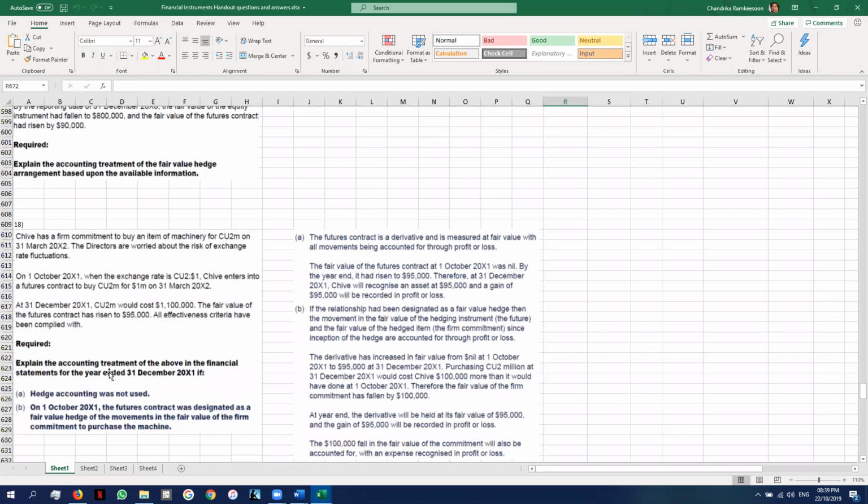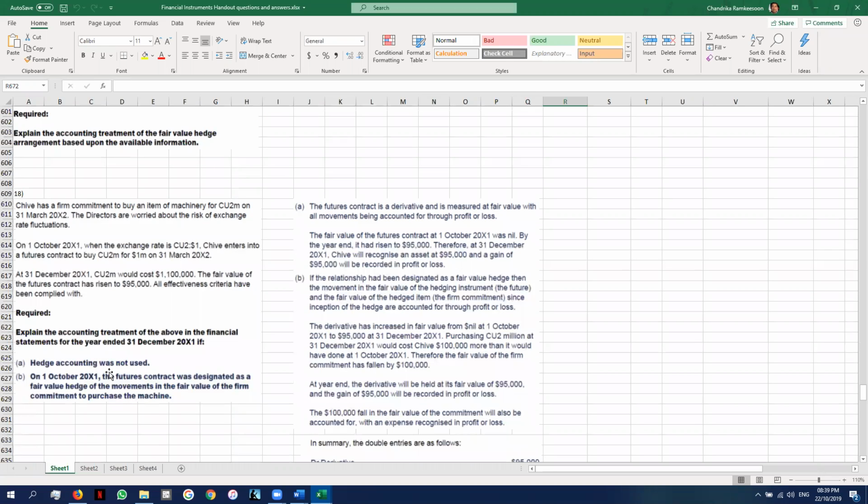Number 18. Clive has a firm commitment to buy an item of machinery for CU 2 million on 31st March X2. The directors are worried about the risk of exchange rate fluctuations. Obviously that means that their currency is not CU, but they have to buy the machinery for 2 million CU.